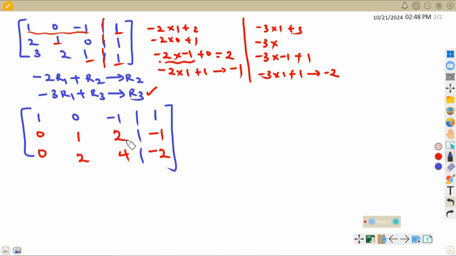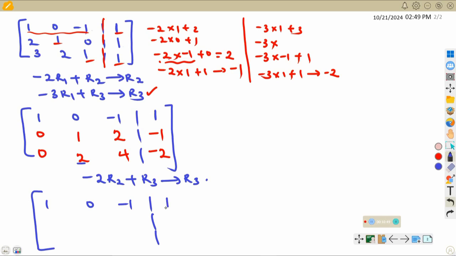So looking at this, we can also try to eliminate this one here by using negative 2 in row 2 plus row 3 to give us row 3. When we do that, we shall have to maintain 1, 0, negative 1 together with this one here, 0, 1, 2, then negative 1.